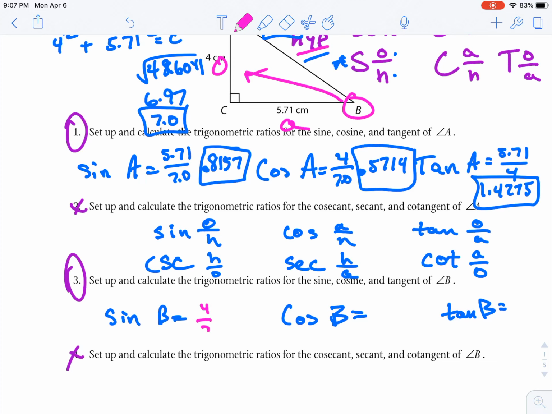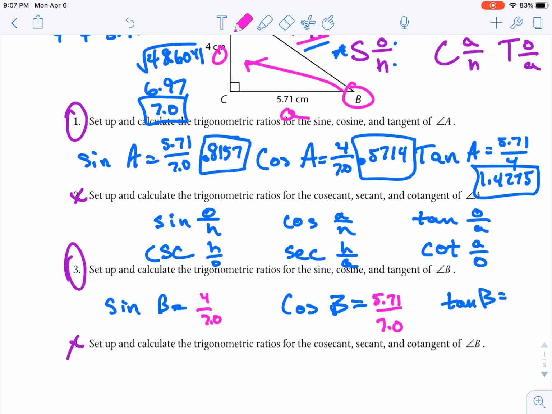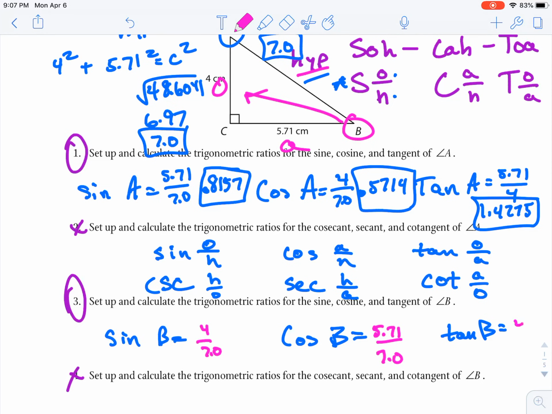So 4 over 7.0. Okay, 5.71 over 7.0. And 4 divided by 5.71.